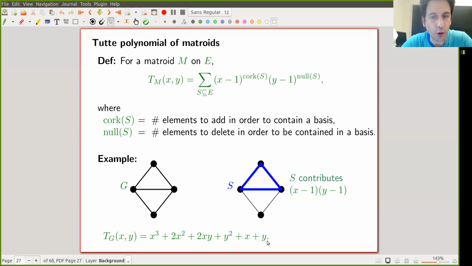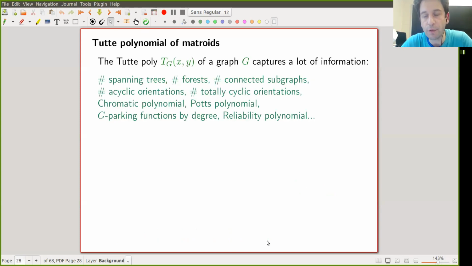Going a little bit faster, one of the motivations for this Tutte polynomial is that it contains a lot of information about the graph or the matroid that it is associated to. In the case of graphs, you can see that the Tutte polynomial contains information about subgraphs.